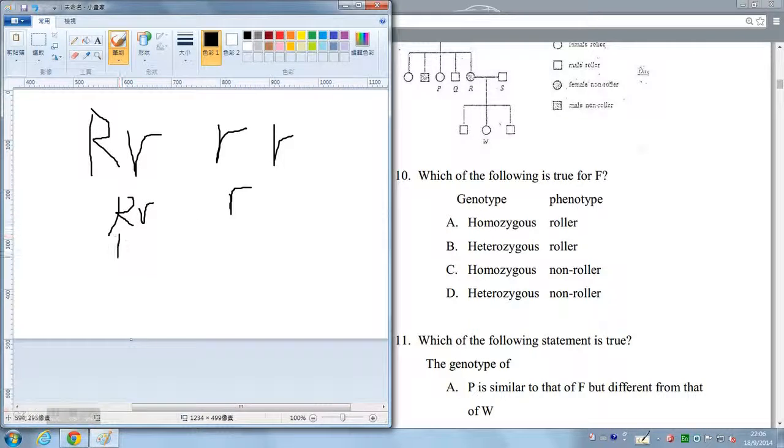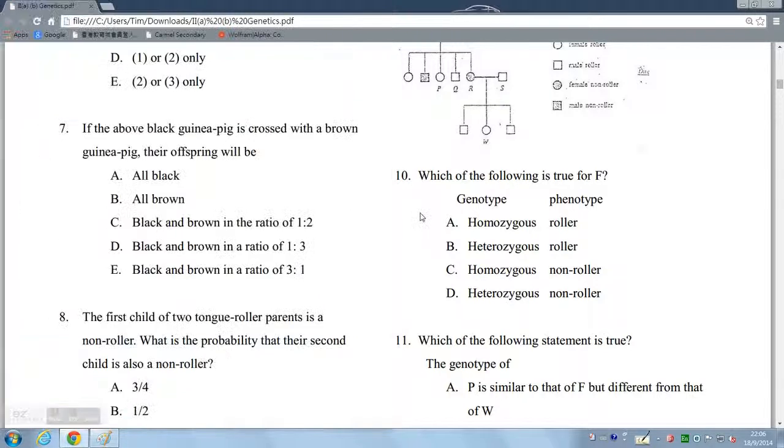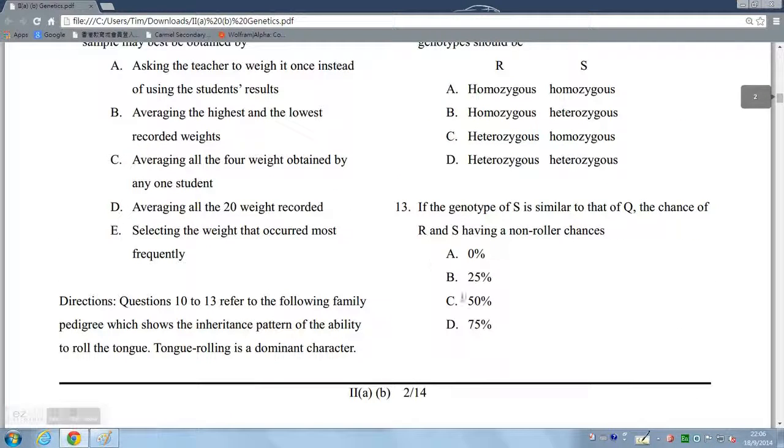And when they cross, this produces two types of genotypes found in the offspring, which are tongue rollers and non-tongue rollers in the ratio of 1:1. And so they each occupy around 50%, and so the chance of having a non-roller, homozygous recessive, must be 50%, which gives us the answer of C to 13.